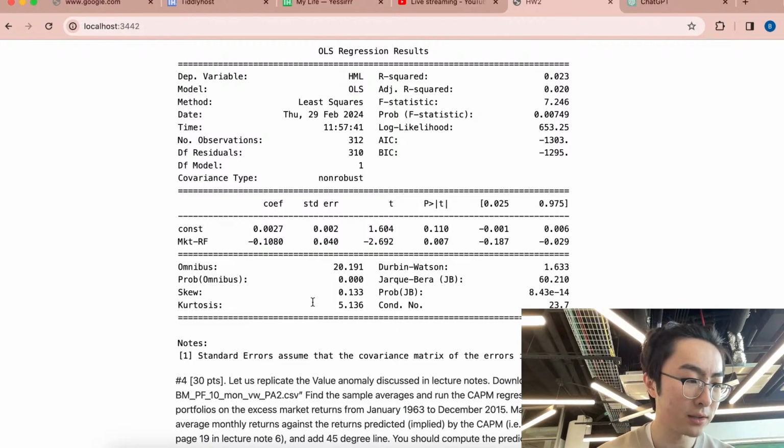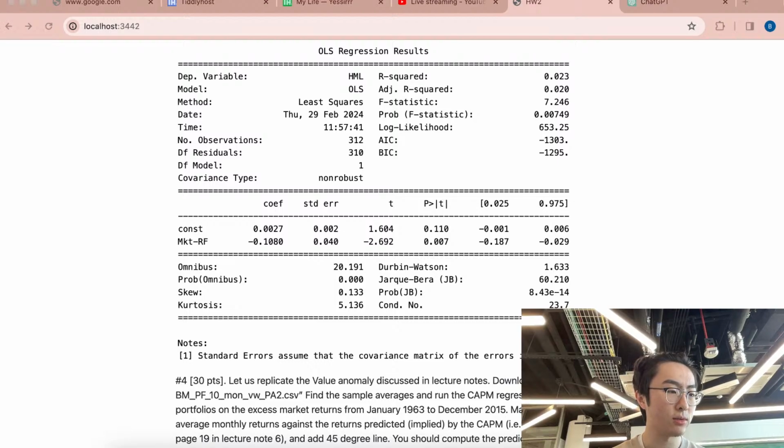The alternative hypothesis is that it's higher. I have to think about this one. I'm going to skip this for now. Let's move on to the next question.